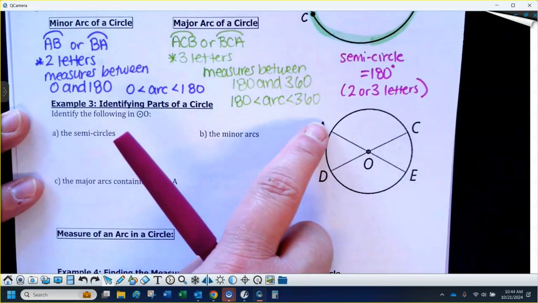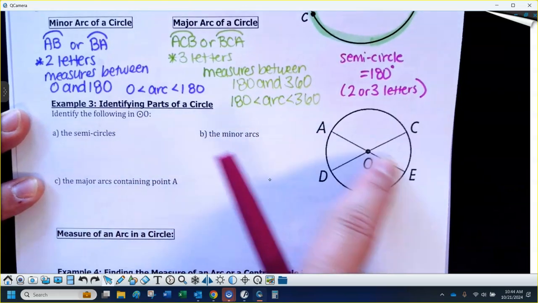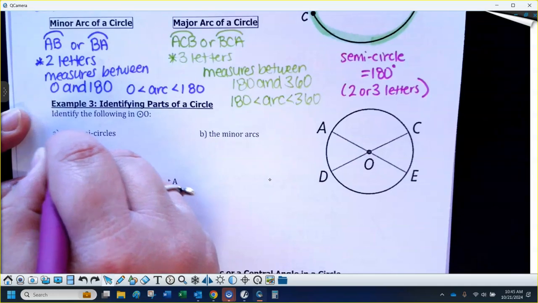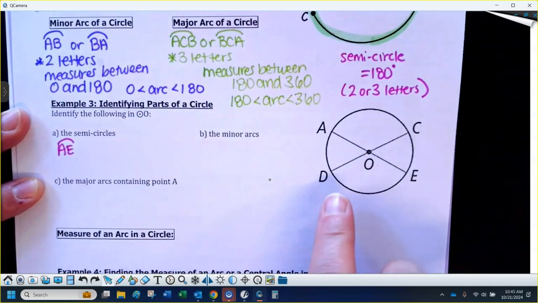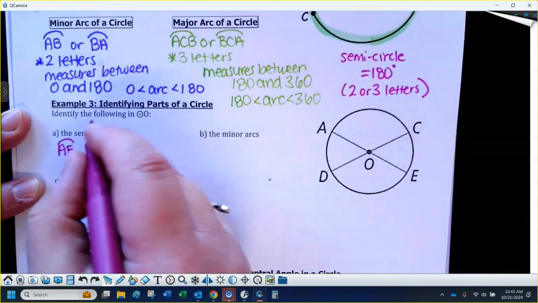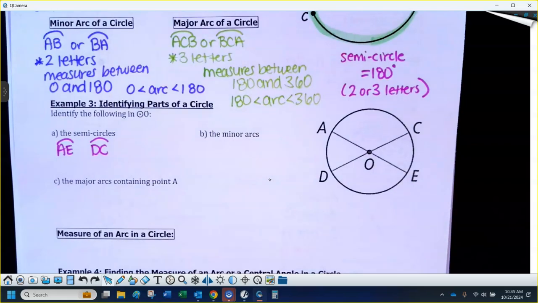A diameter just goes through the center and connects 2 points on the circle. So an example of a semicircle is A to E. That's exactly half the circle. So I could go AE, just like that. For the other semicircle, just go for your diameter from D to C, DC would be a semicircle. Just basically grab a diameter. I usually just use 2 letters if I'm doing a semicircle, but it's exactly half the circle, so you're just looking for a diameter to describe that.